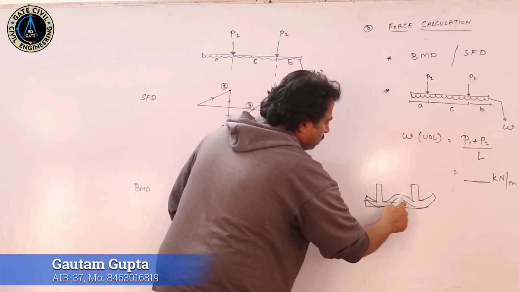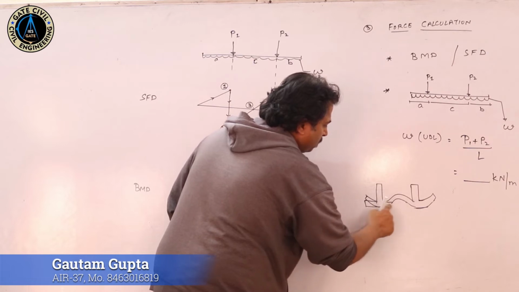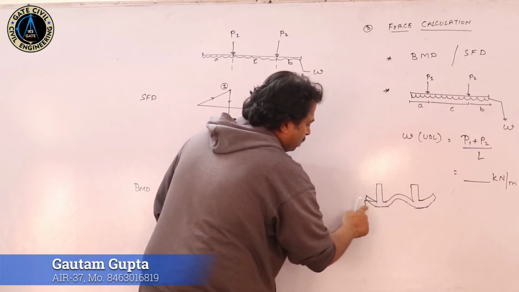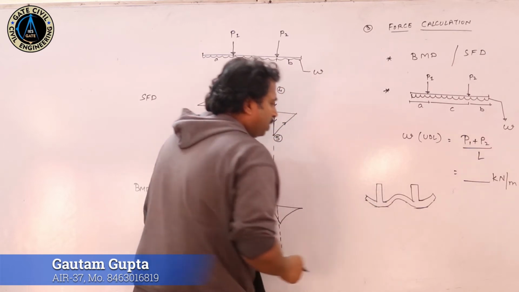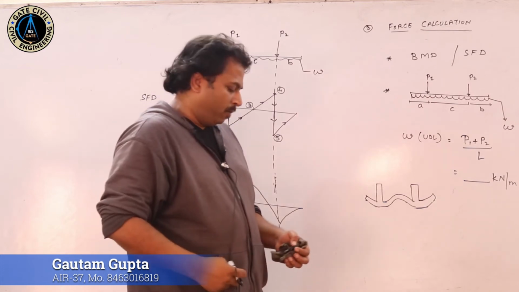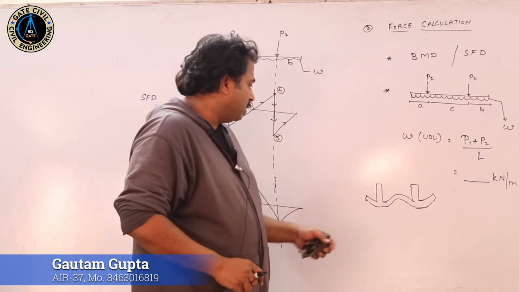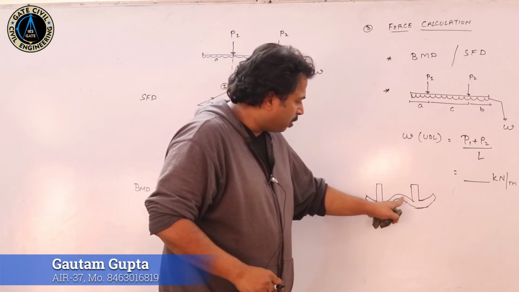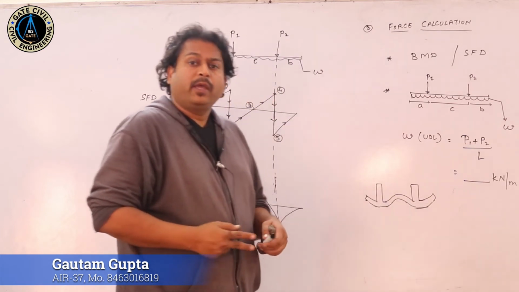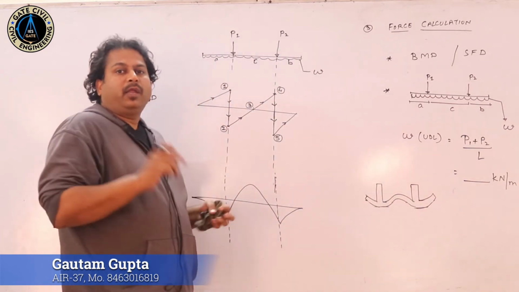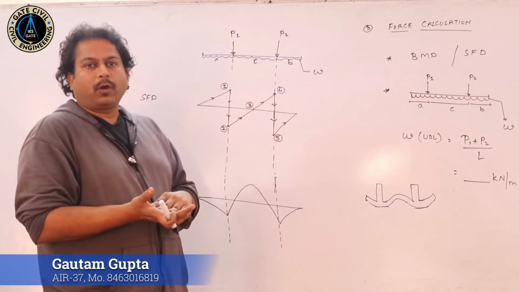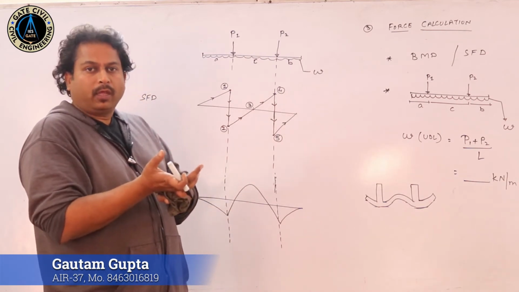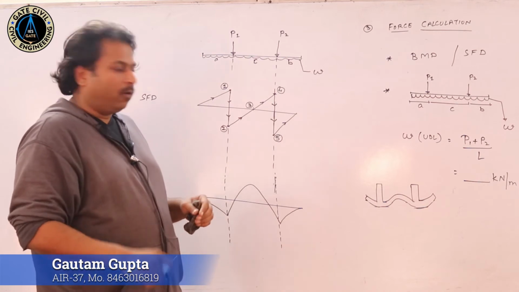In this shape. So, this is how it will be deflected. So, from this particular diagram, we can visualize that this is a sagging portion, this is a hogging portion, this is a sagging portion. And we know that in sagging, the tension comes on the bottom face, and in hogging, the tension comes on the top face.